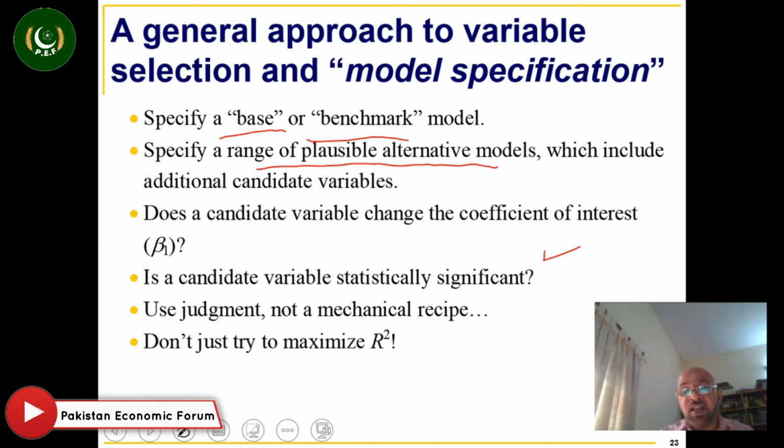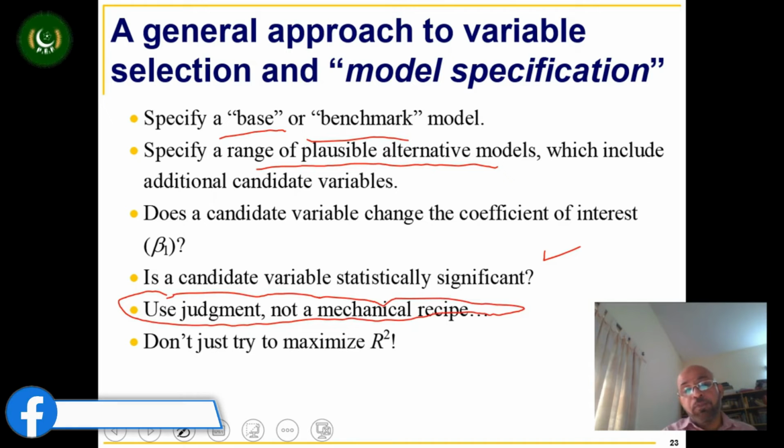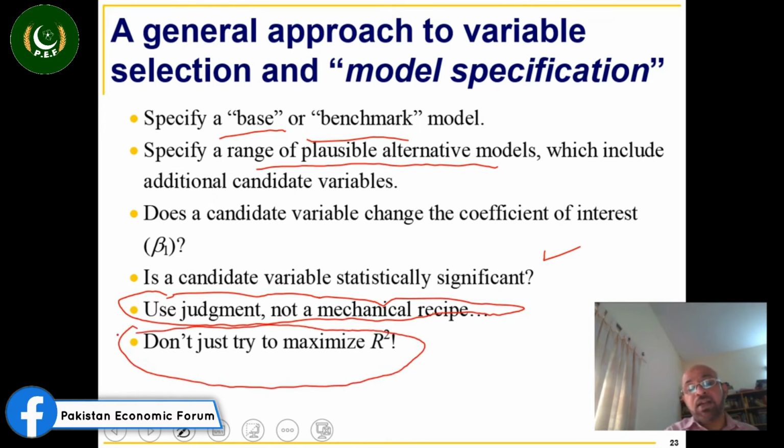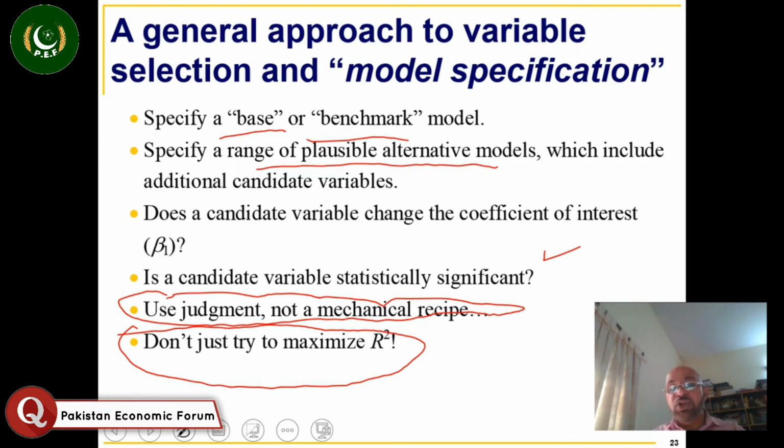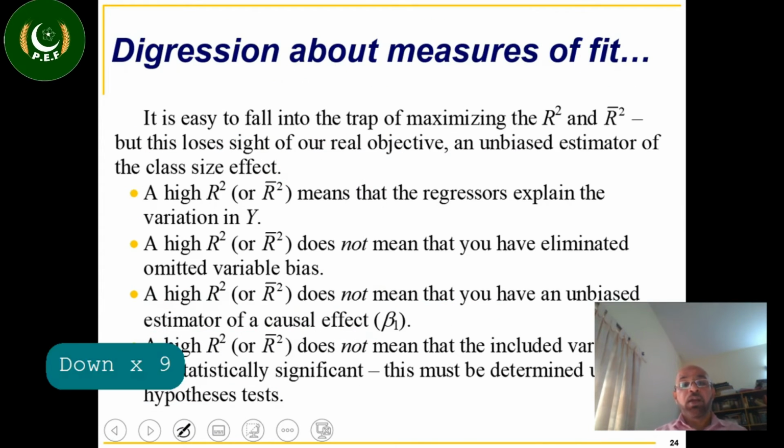Use judgment, not a mechanical recipe, please. And don't fall into the trap of maximizing R square. So these are the considerations you need to keep in mind before you go for calculating, before you go to play with data.